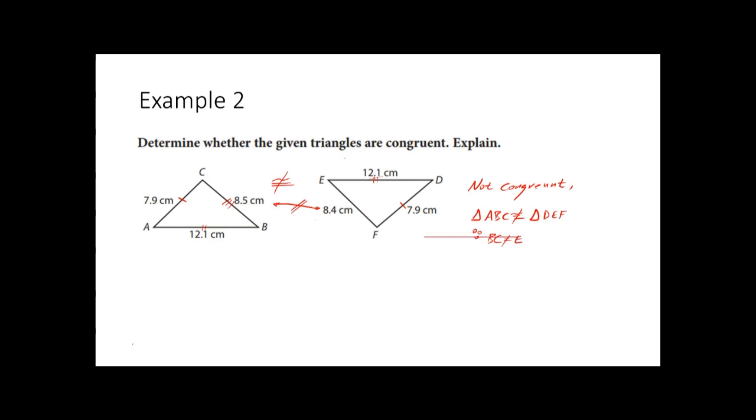That would be the most practical way of explaining it, the shortest way of saying it in a geometric presentation.